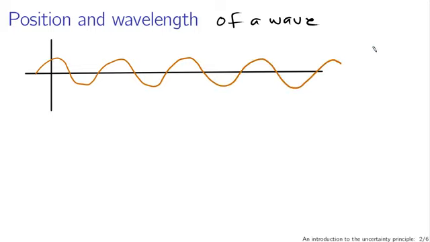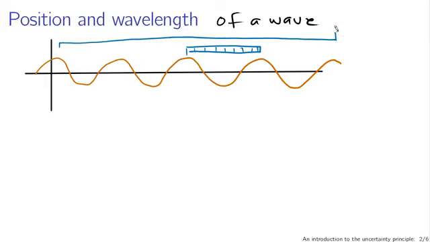If I asked you to measure the wavelength of this wave, you could take a ruler and plop it down there and say, okay, how many inches are there from peak to peak? Or from zero crossing to zero crossing? Or if you really wanted to, you could get a tape measure and measure many wavelengths, 1, 2, 3, 4 wavelengths in this case. That would allow you to very accurately determine what the wavelength was.